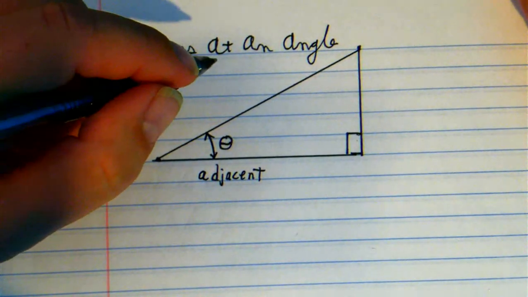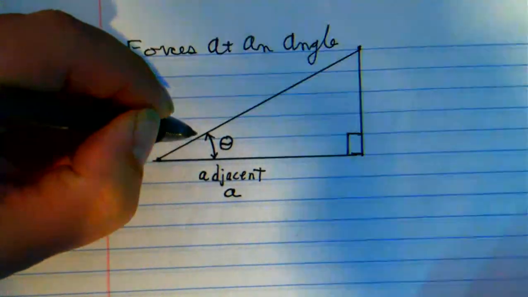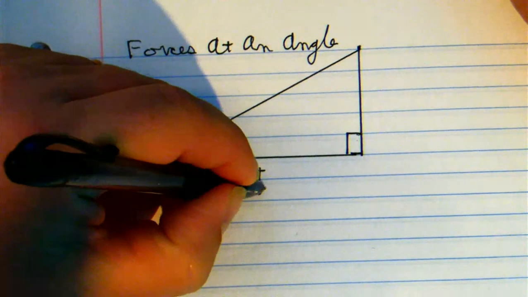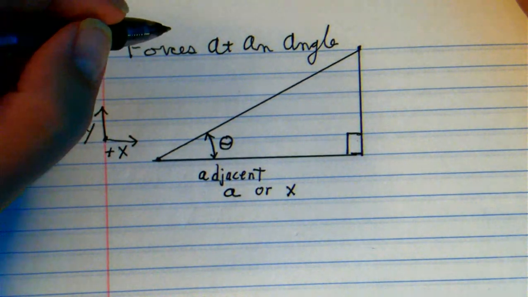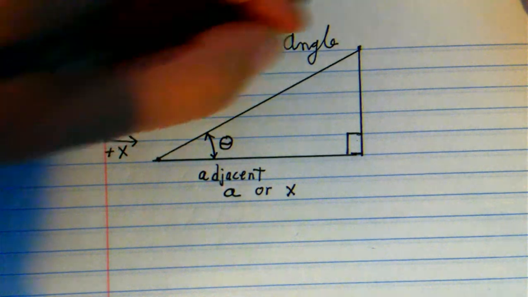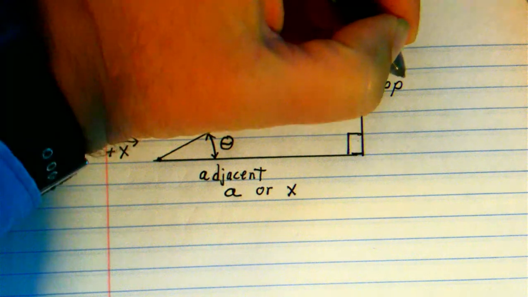We might label it with some letter like A. We could also call it just the x value of it. This side over here is known as the opposite side.